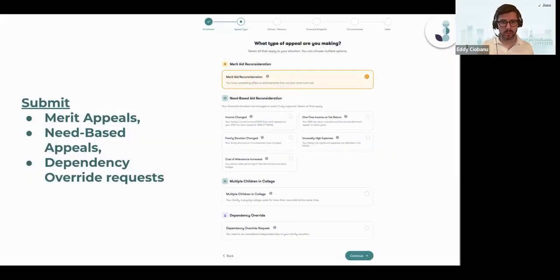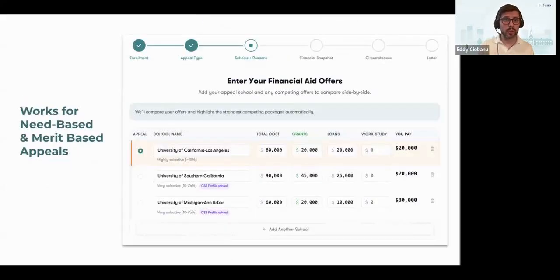There's also options for a dependency override. I won't get too much into that, but also if there's been changes, an appeal based on multiple children in college. So if you're a parent here and you are paying for 2 students in college versus 1, that's really important information for financial aid officers to know. You can include different schools that you've applied to, that you've received offers from, and the total net cost to your family.